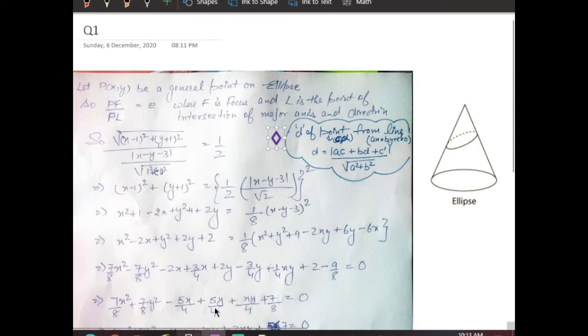Okay, and because with the focus (1, -1) and eccentricity half, just visualize you have been given a focus and eccentricity. At some focus you have to make an ellipse of eccentricity half. So it can be in any direction in the Cartesian plane, along y, along x, along any line passing through the origin.